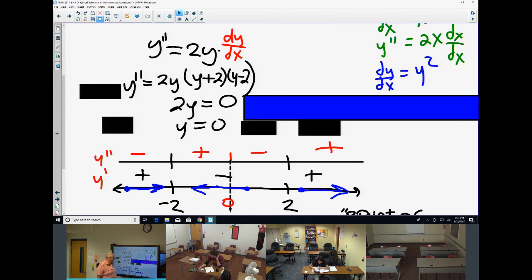All right, so do we have points of inflection here? Where are they? -2 and 2. Yep. How about at 0? Yeah, at 0 too. So everywhere it changes concavity, you're going to have a point of inflection.